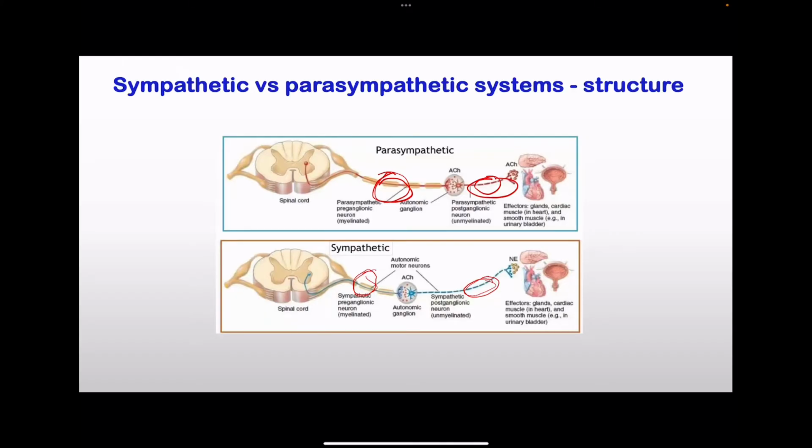Usually we call this the rest and digest, where it produces acetylcholine at the synapses. So you need to remember the similarities as well as differences in structure as well as function between the parasympathetic and the sympathetic nervous system.